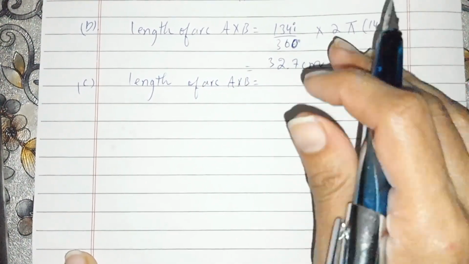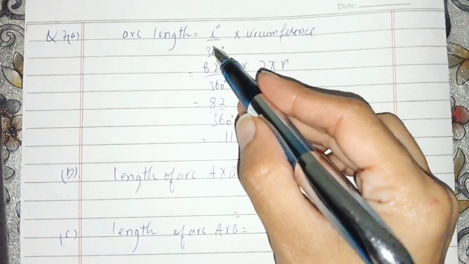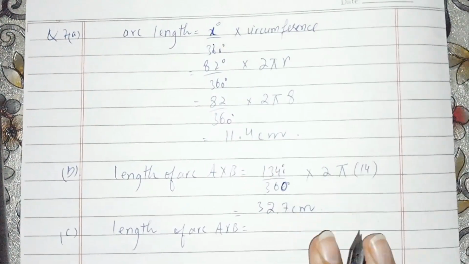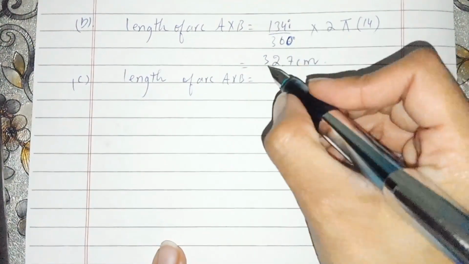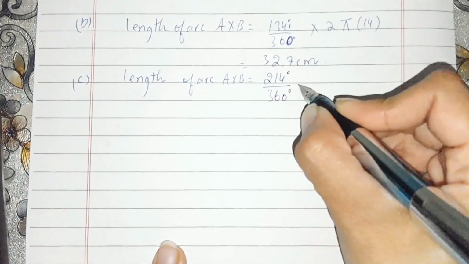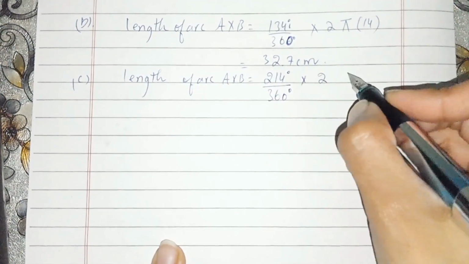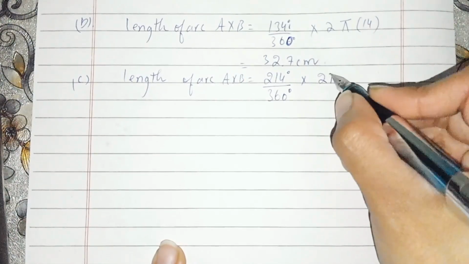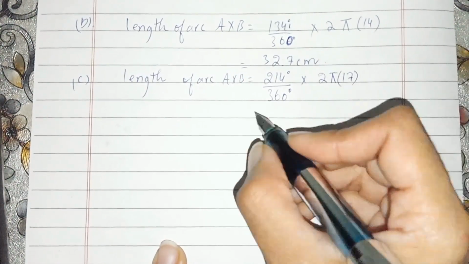Now students, part number C, length of arc AXB. X is given to us. I am putting these values in this formula. X is given to us, which is equal to 214 divided by 360 and 2 pi, r is equal to 17.